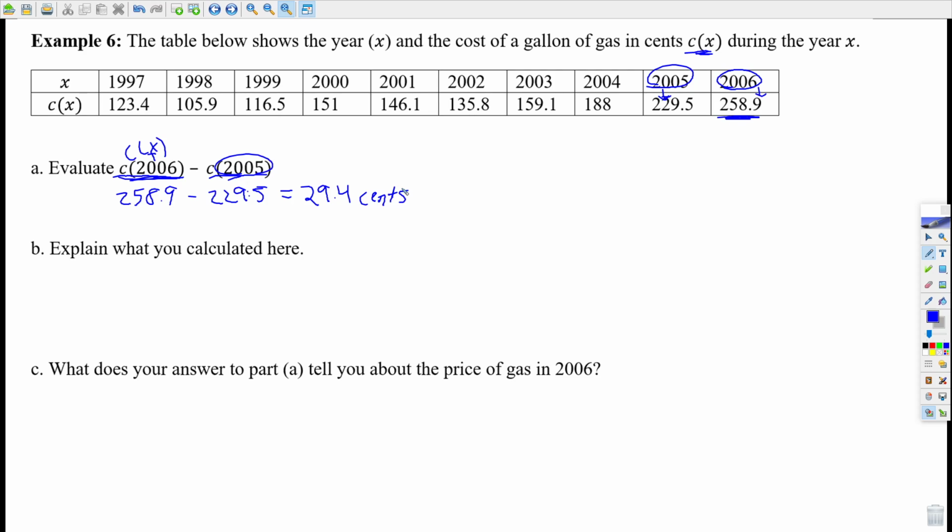Okay, so explain what we calculated here. What did we actually find? We took 2006 and we found the price of it. And then we found the price in 2005 and we subtracted them.